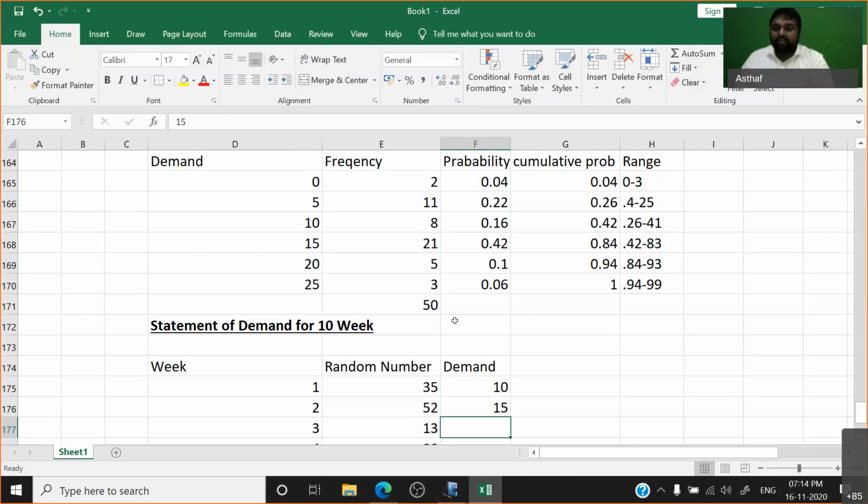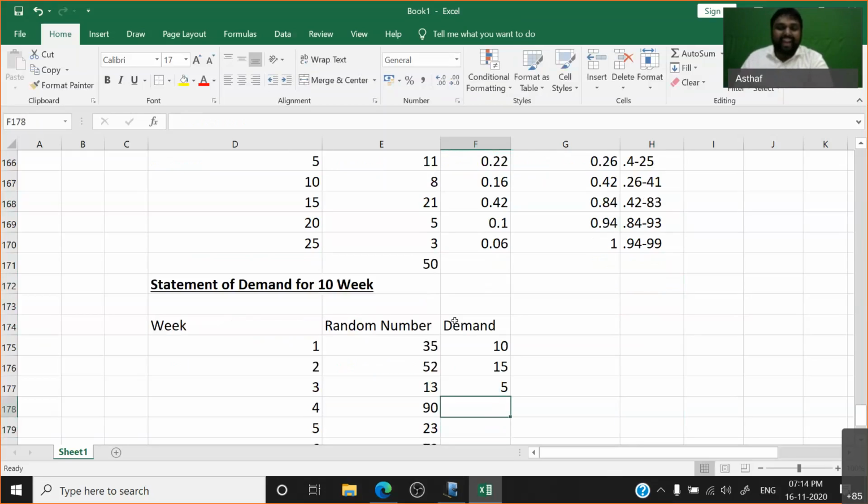Now we have 13. 13 is coming in 4 to 25, but the demand is 5. Now 90. 90 is coming in 84 to 93, which is 20. 23 is coming where?